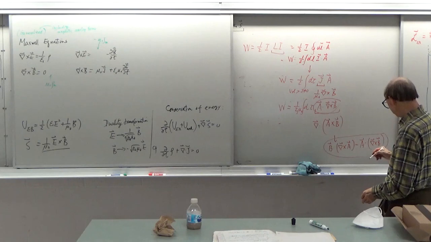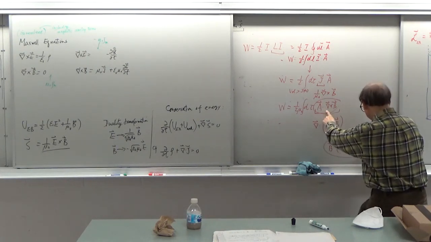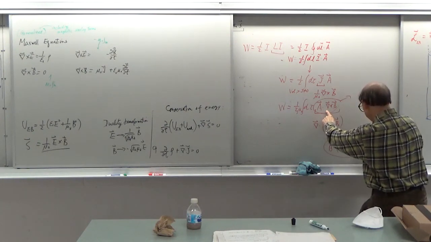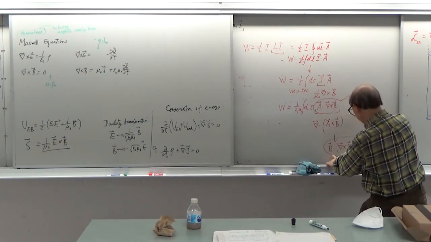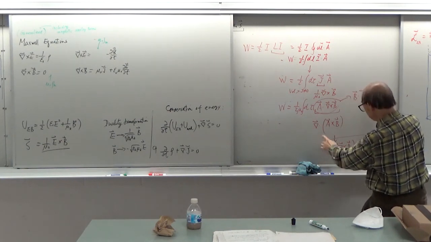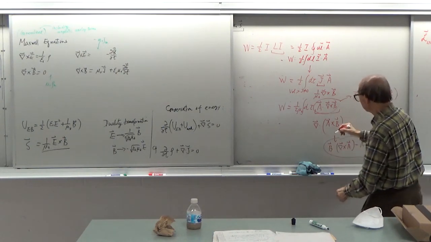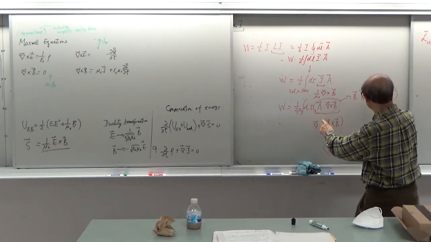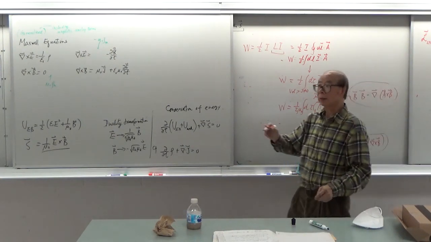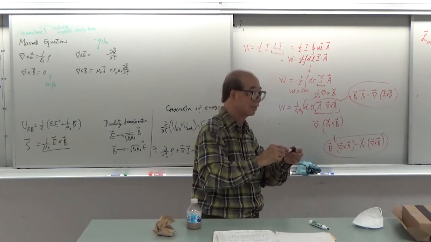So this term can be replaced by this minus that. So B dot curl A is B squared, minus the divergence of A cross B. This integrand can be written in terms of these two terms, and let's continue the discussion next time. Thank you.